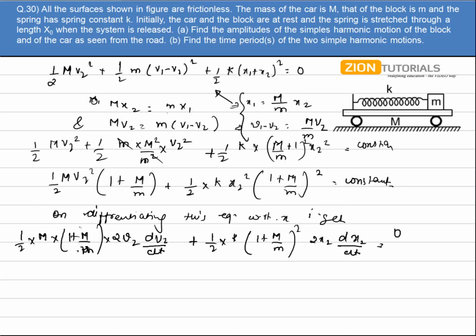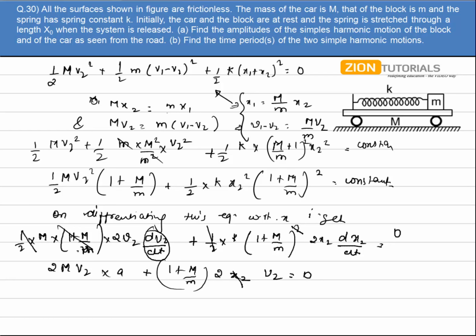Fine. Now this half gets cancelled, and I'm left with 2 times m v2 dv2 by dt, which can be written as acceleration, plus (1 plus capital M by small m) into 2 times x2 dx2 by dt, which can be written as v2, that is equal to 0.